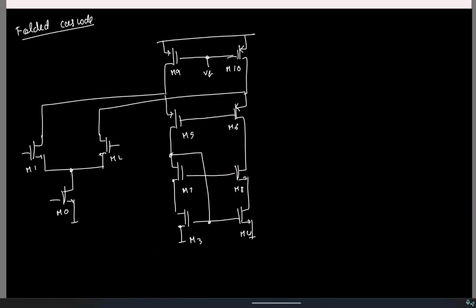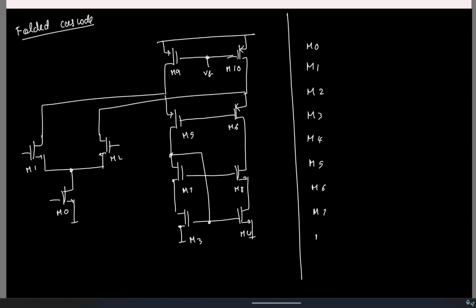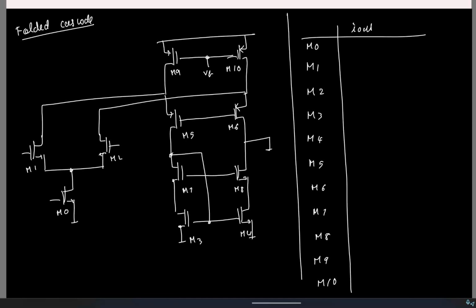Okay. So now let's say if I try to find the noise. Now can you tell me the effect of noise of each guy? Just the M3. So what do you think will be the noise due to M0? It will be 0.